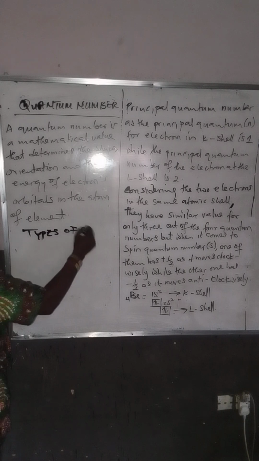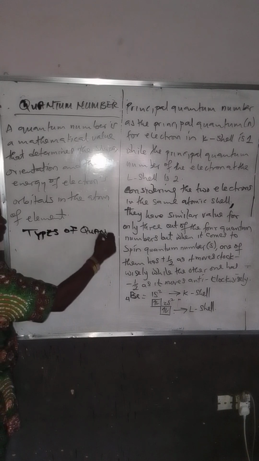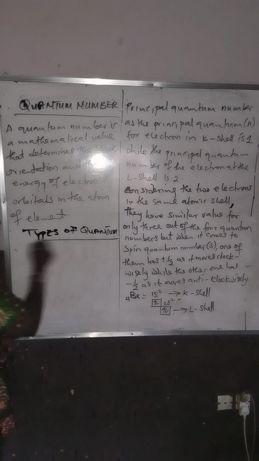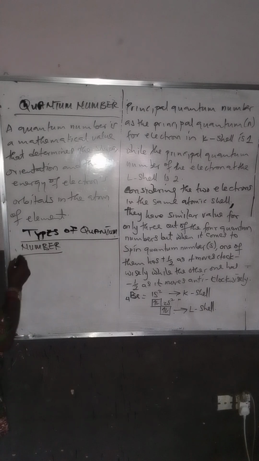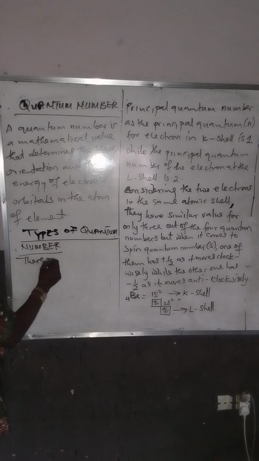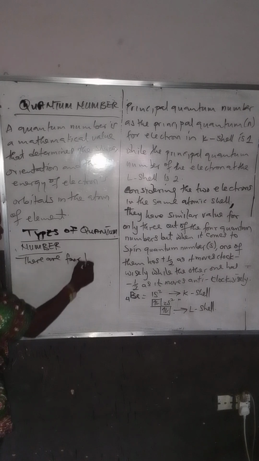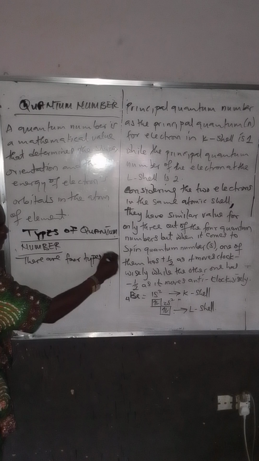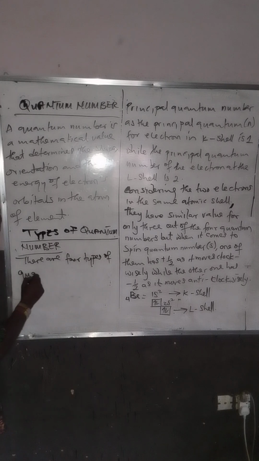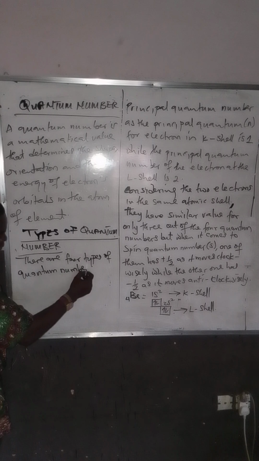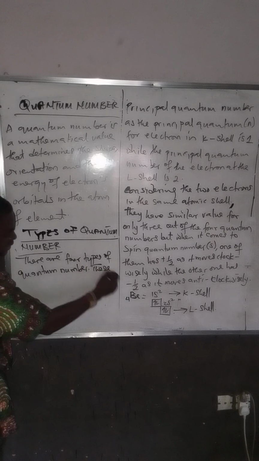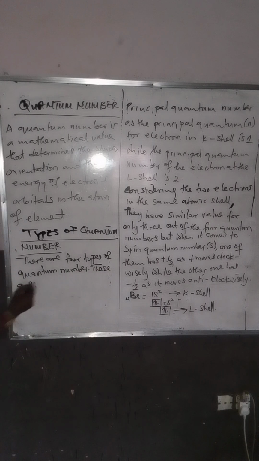Now let's look at the types of quantum number. There are 4 types of quantum number. What are they? 1.